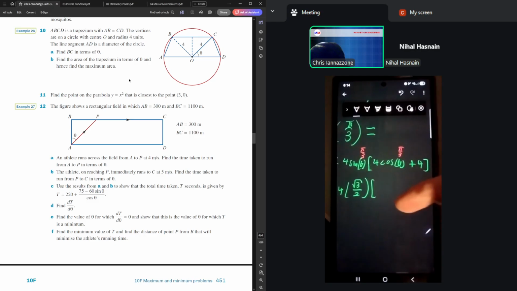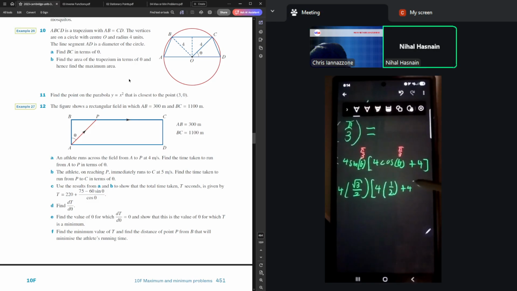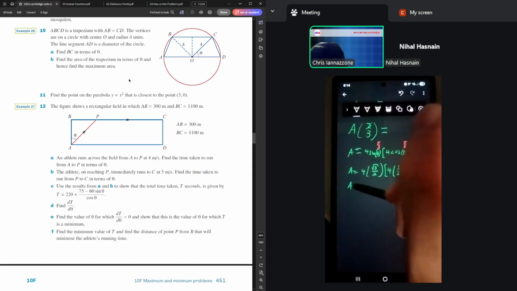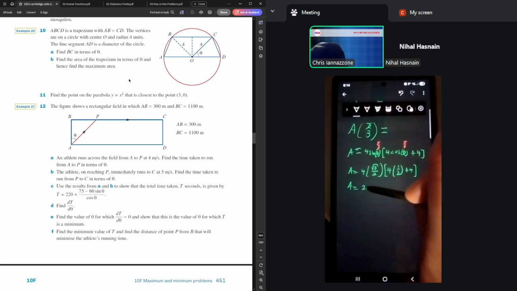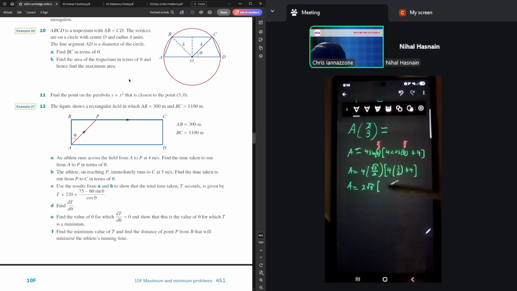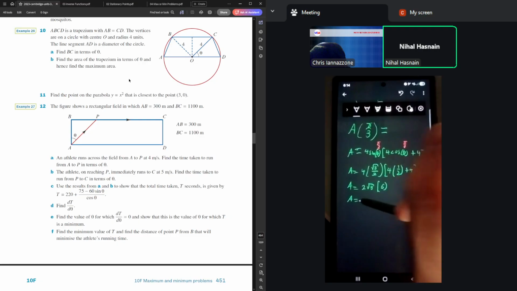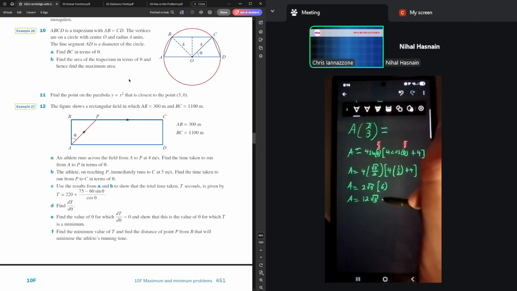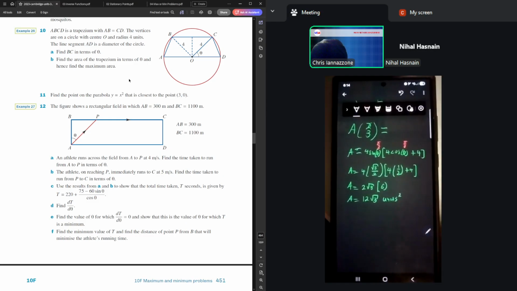And cos is going to be similar, that's going to be 1 over 2. So that's just 2. Plus 4. The 4 and 2 cancel into each other, and 4 and 2 again cancel, so 2, 6, 12 root 3. They use units, so let's just say units squared.